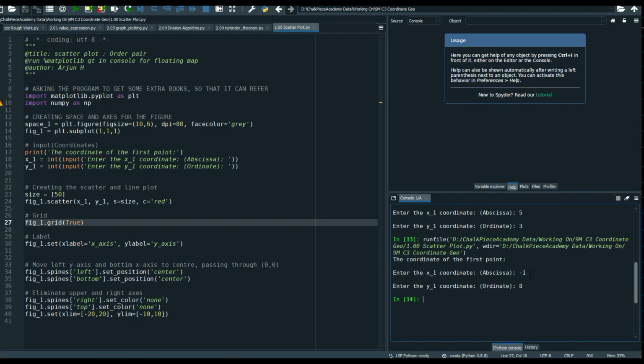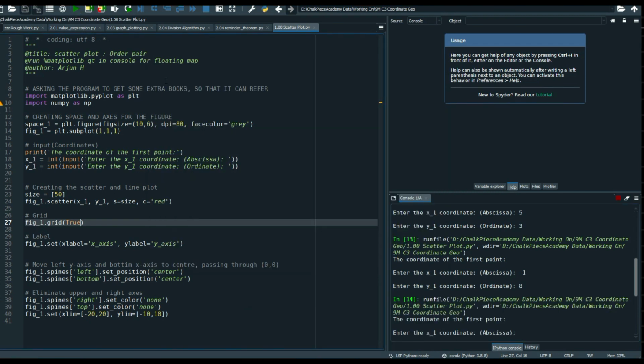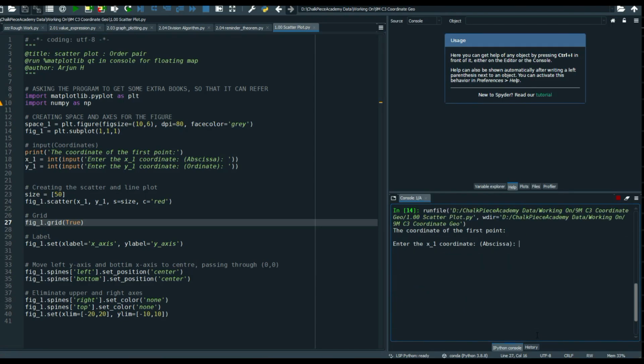Is it right up, right down, left up, left down? -1 abscissa is left, right? And 8 is positive, that is up. So we have to look at left up. That's correct, right? So that's how you should think. That's the order in which you have to think. Next question.